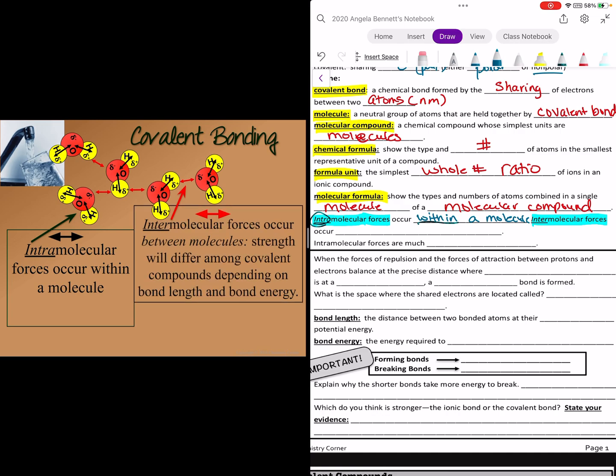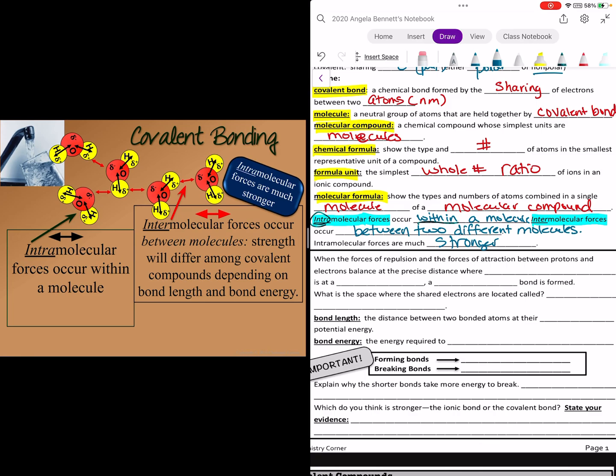The other one is called an intermolecular force, and intermolecular forces occur between two different molecules. Intramolecular forces are much stronger than intermolecular forces, because those are the ones inside that individual molecule.